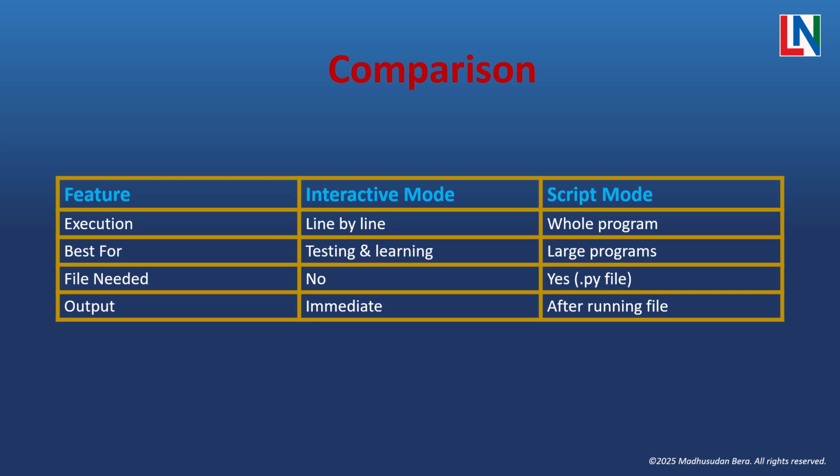Interactive mode does not require any file. In script mode, you have to save the file with extension .py. In interactive mode, we get immediate output. In script mode, we get output after running the file.